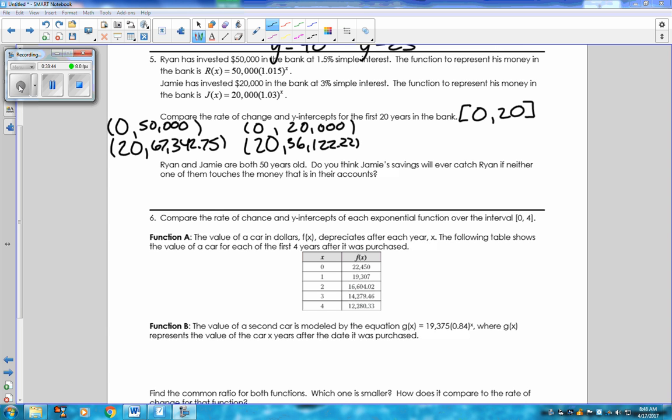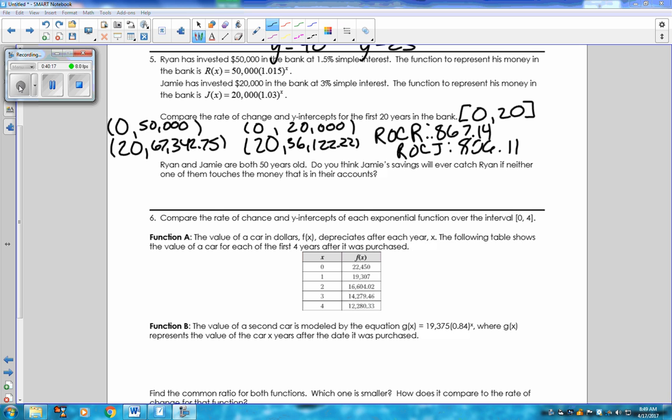The rate of change of Ryan was roughly 867.14. Is that what y'all got? Yep. Roughly, yeah. The rate of change of Jamie was 806.11.